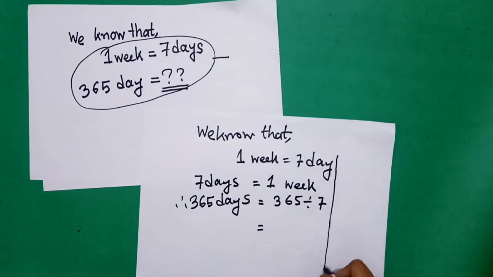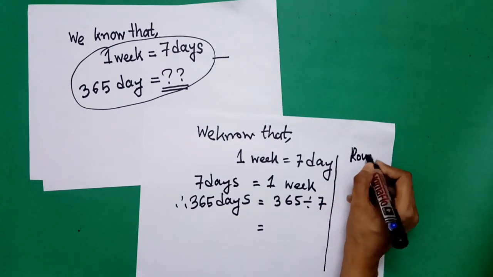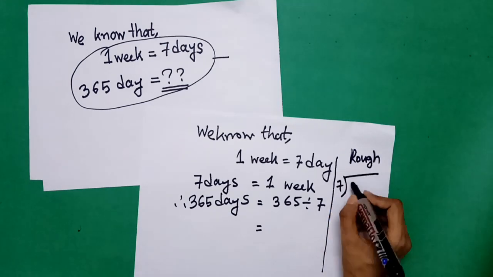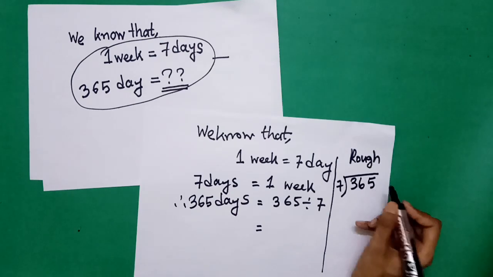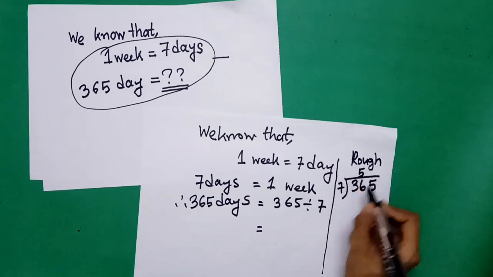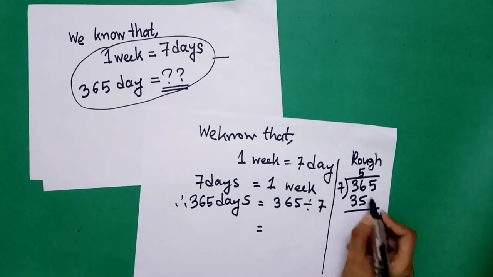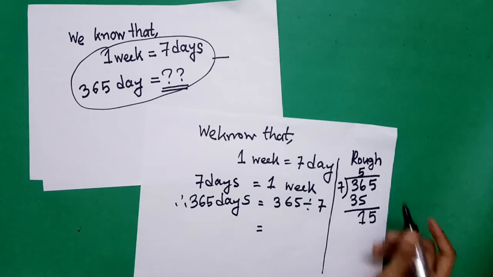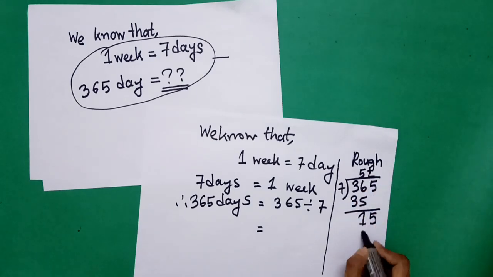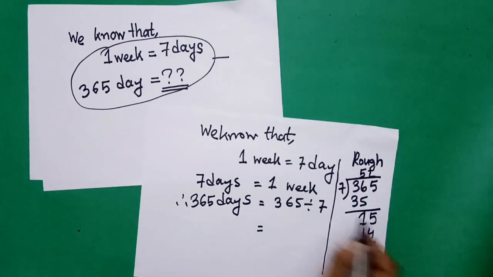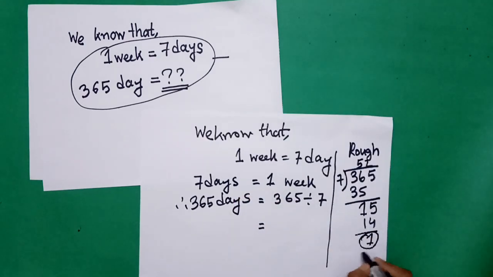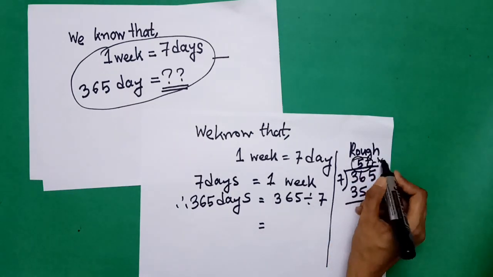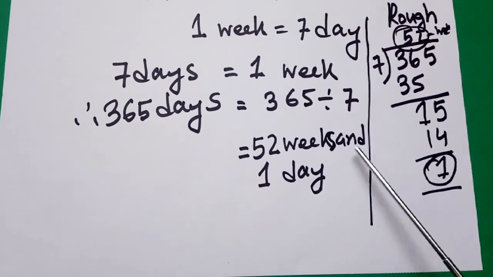We can do rough work here. 365: we know 7 5s are 35. 36 minus 35 is 1. Bringing down 5. 7 2s are 14. Left 1. This one is day, and this one is week. 52 weeks and 1 day.